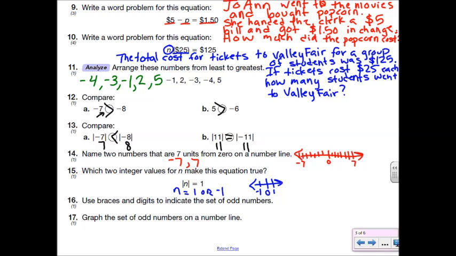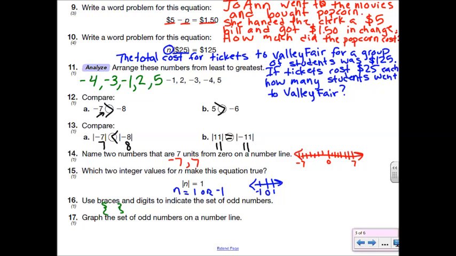Number 16, I was a little bit confused on at first. Had to look up the answer so I can help you out. It says use braces, and braces are the fancy brackets that are squiggly, and digits to indicate the set of odd numbers.